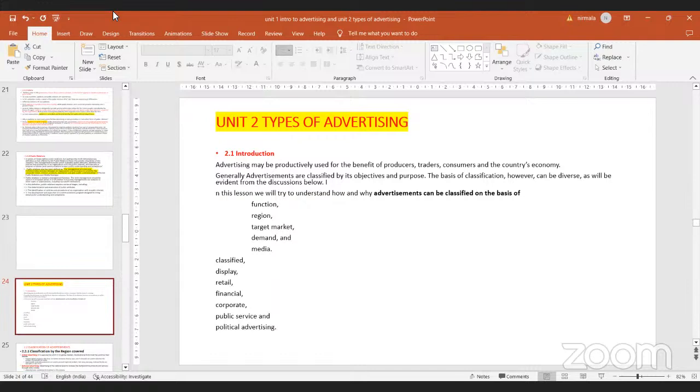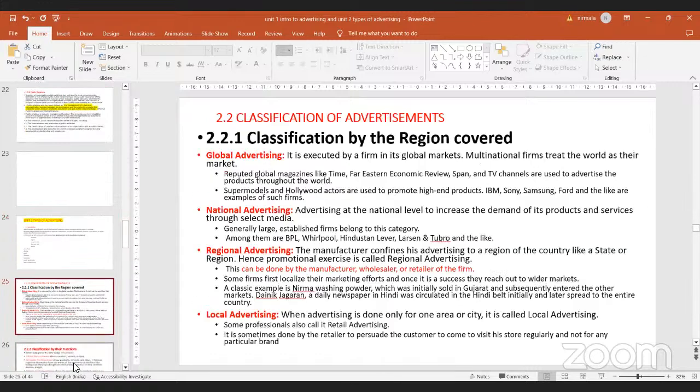These are the different types of advertising which we come across, and different organizations will go for different kinds of advertisement, or a combination of advertising, to reach out to their target groups or consumers.